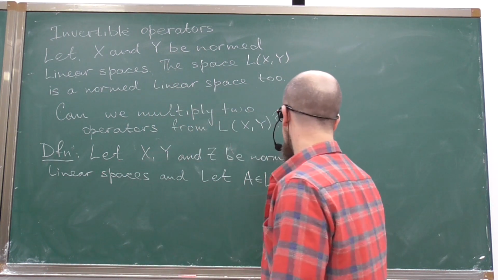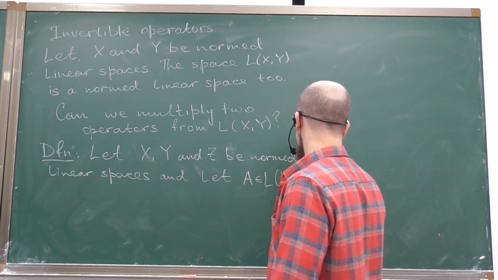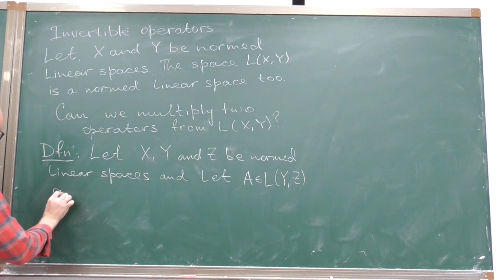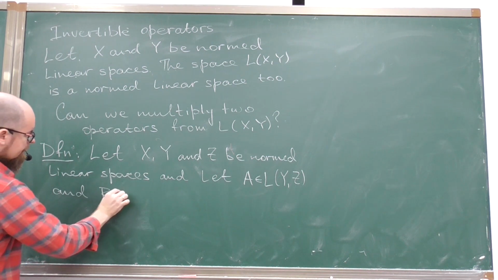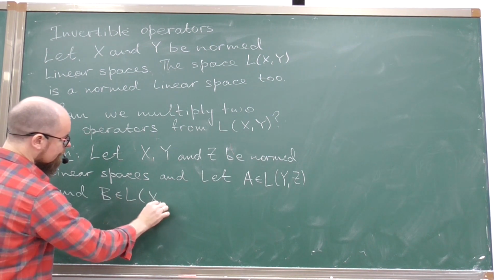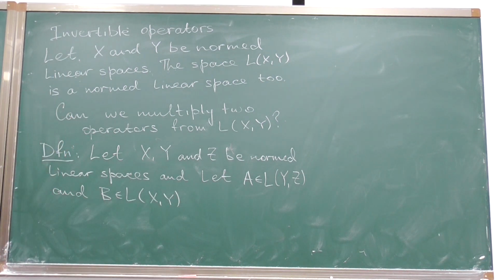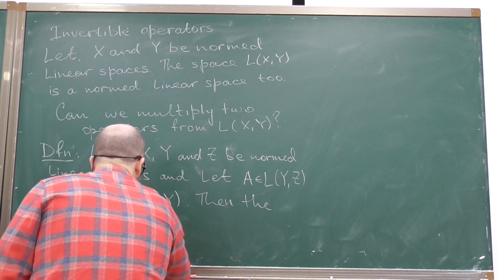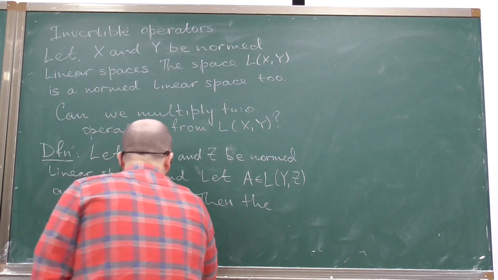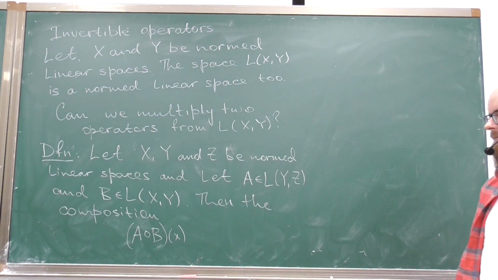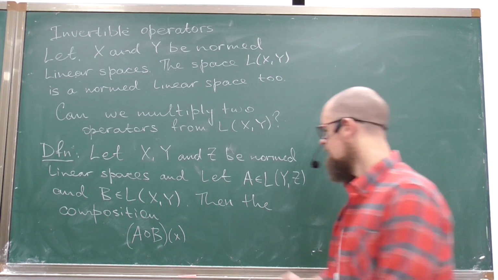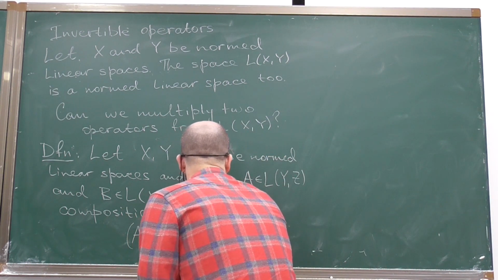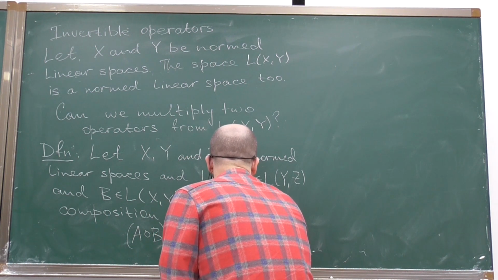Let A be a bounded linear operator from Y to Z, and B be a bounded linear operator from X to Y. Then we can define a composition of these two operators, A composed with B, acting on an element x from the space X, which is by definition A applied to B of x.